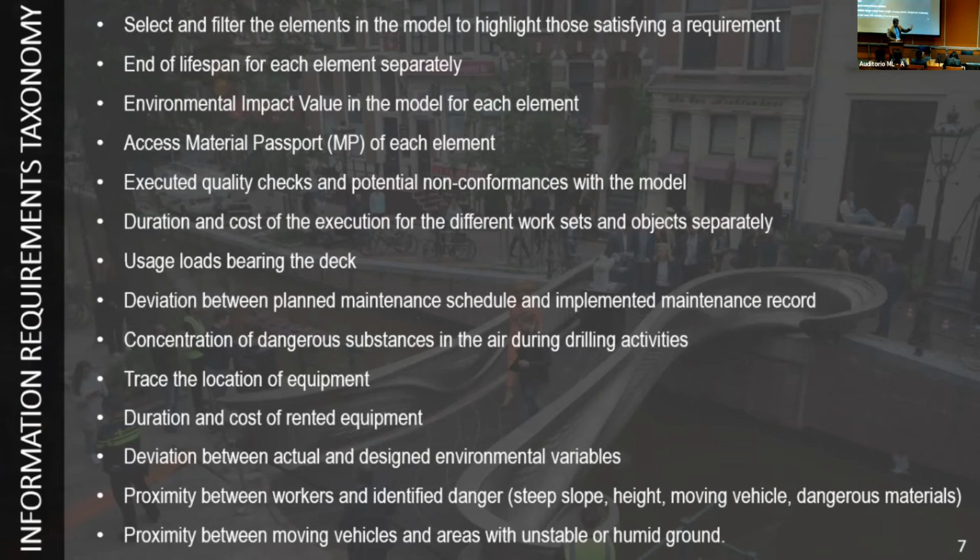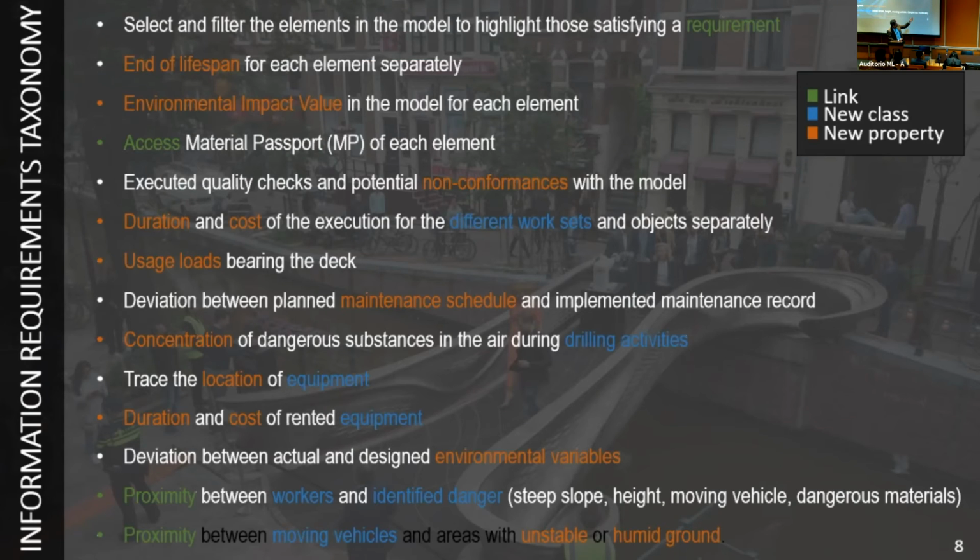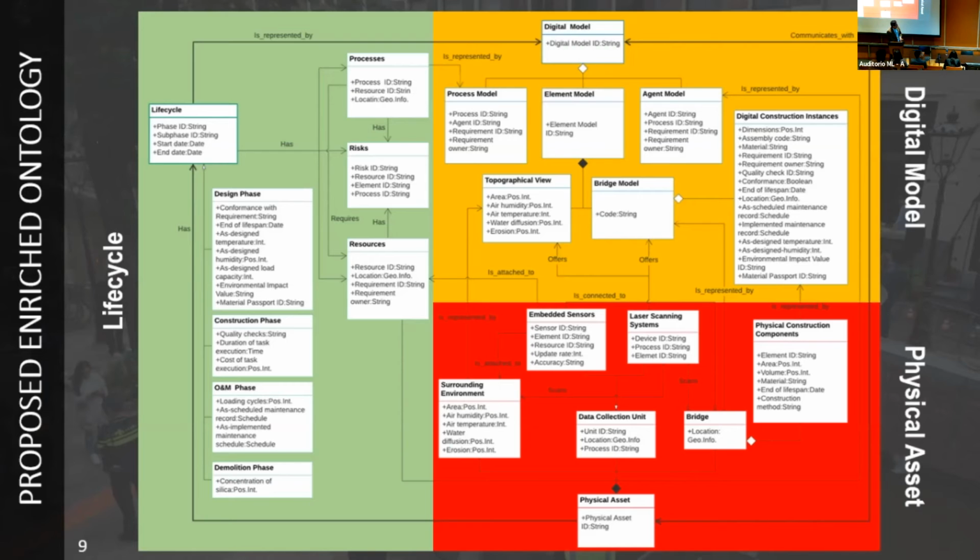Through discussion with these experts, she came up with statements that would represent the vision of the company, BAM Infra, in terms of digital twin, and then analyzed every one of those vision statements in terms of what new links, classes, properties or attributes need to be added to the existing ontologies or bridge data structures.